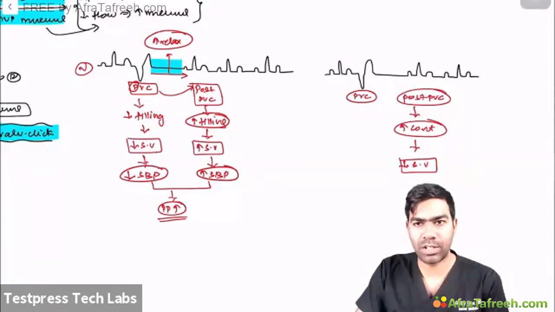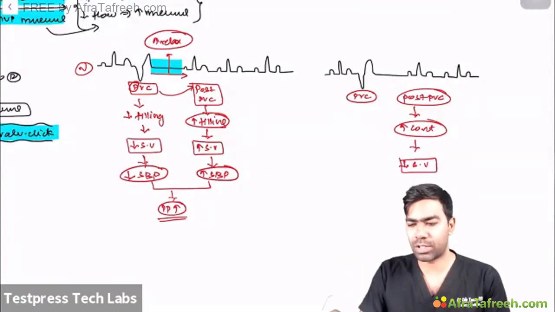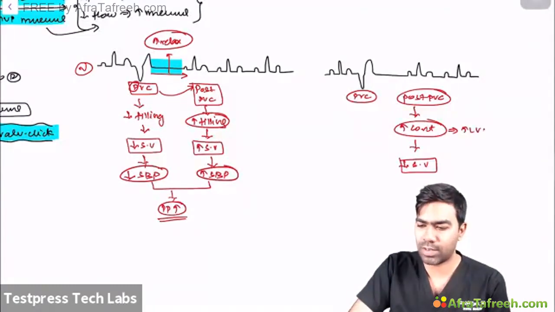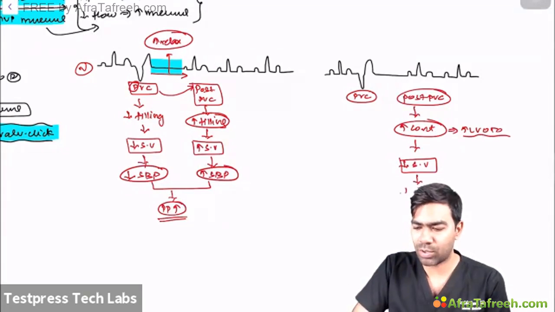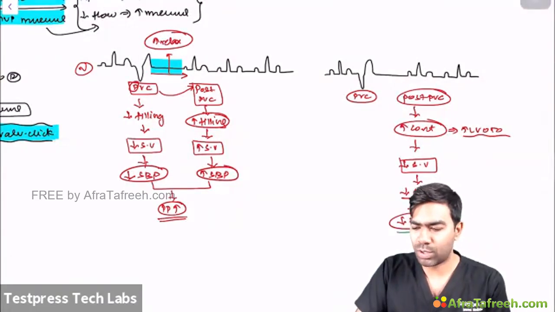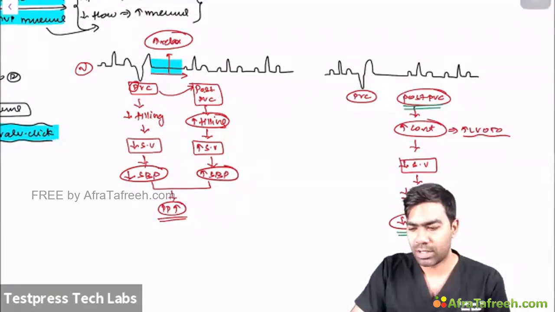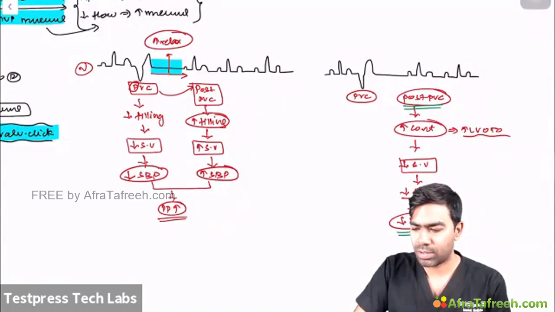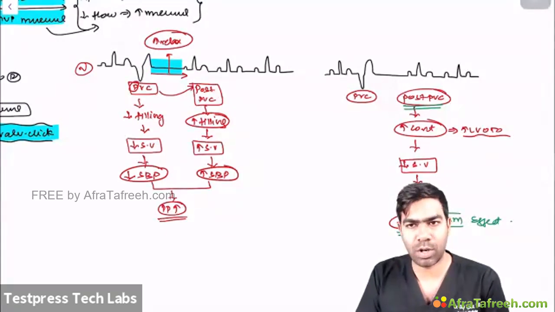The LVOT obstruction will increase, because we saw already that whenever there is augmented contraction, the LVOT obstruction increases. This decline in stroke volume will reduce the blood pressure and result in reduction in the pulse pressure. This reduced pulse pressure in the post-PVC beat is what we refer to as the Brockenbrough-Braunwald-Morrow effect, or simply the Brockenbrough-Braunwald effect.